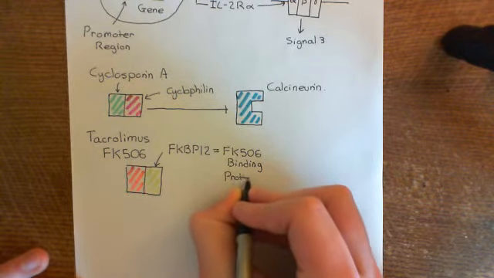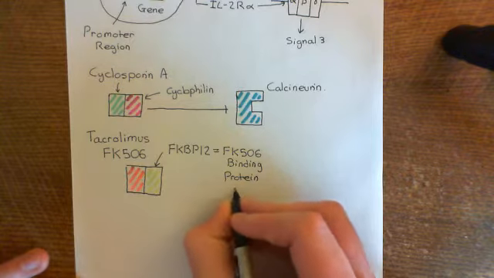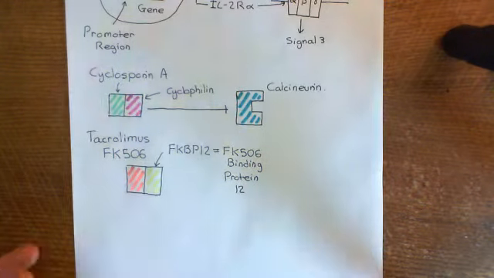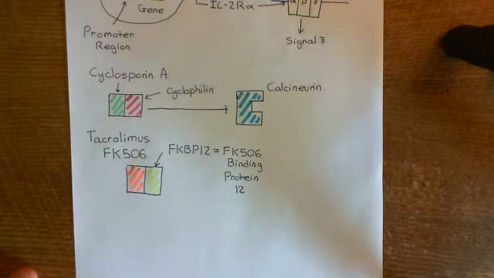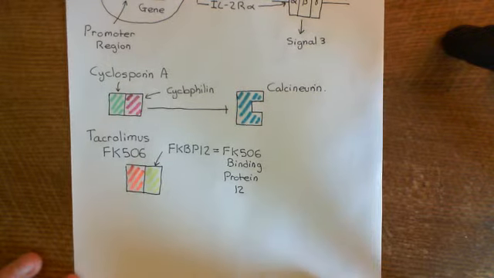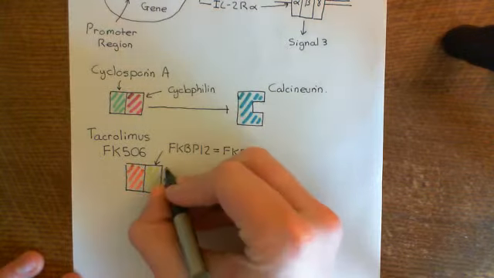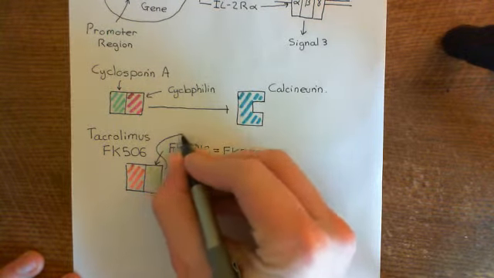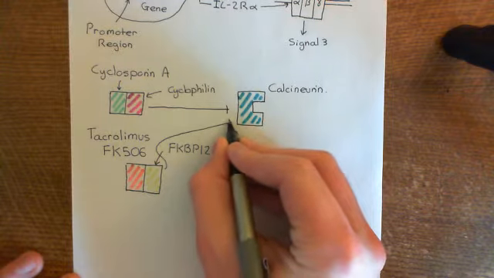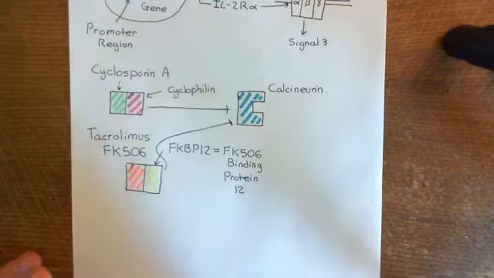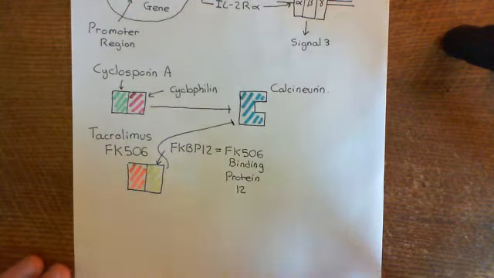So the FK506, or the tacrolimus, is going to bind to the FK506 binding protein 12 within the cytoplasm of the naive CD4 positive or CD8 positive T cells. And this FK506 FKBP12 complex is going to then inhibit calcineurin and prevent its activation.